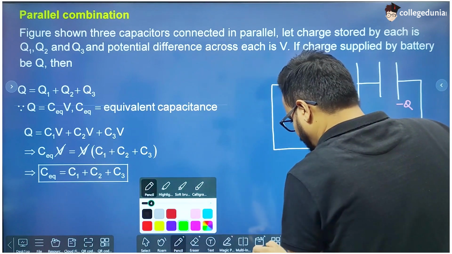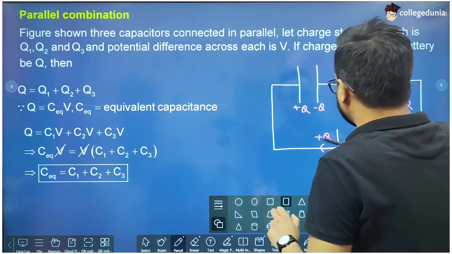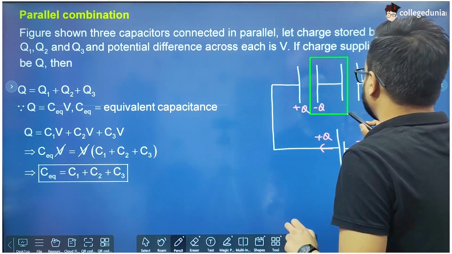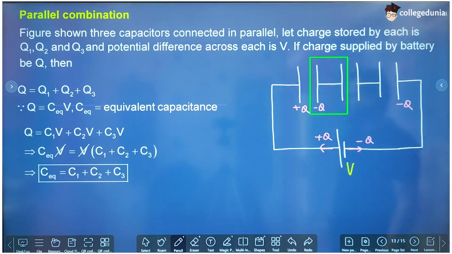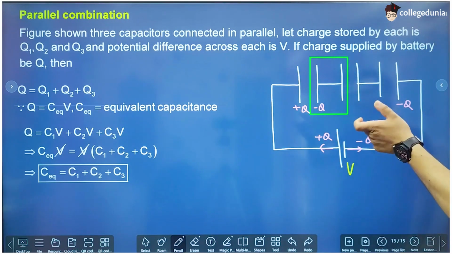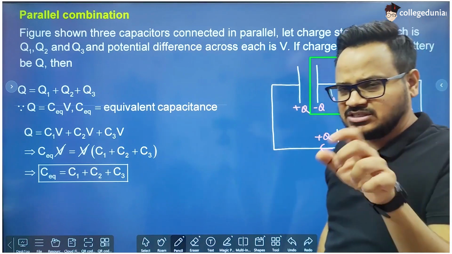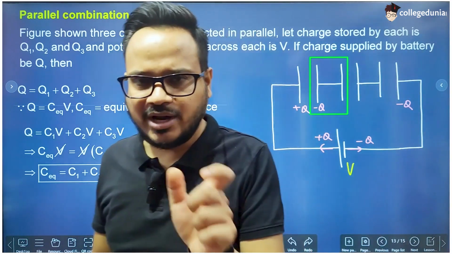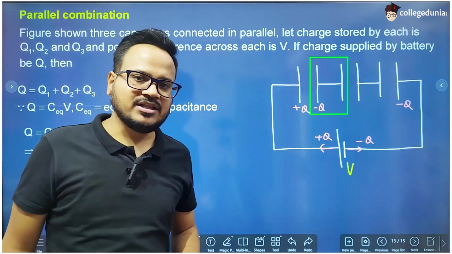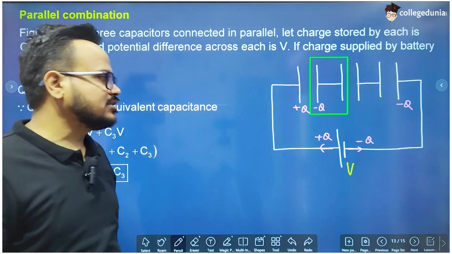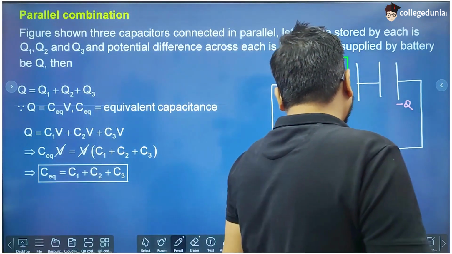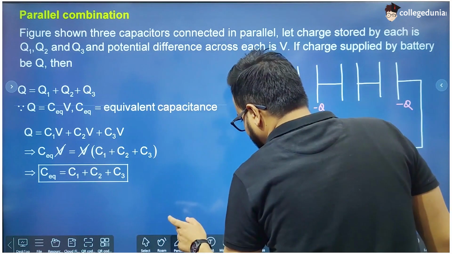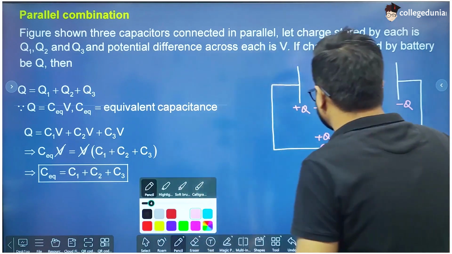Now, this is very important. These two plates are a system of two plates, which is an isolated system because these two are connected to each other, but they are not connected to any external supply. And charge on an isolated system always remains conserved. That is the law of conservation of charge.